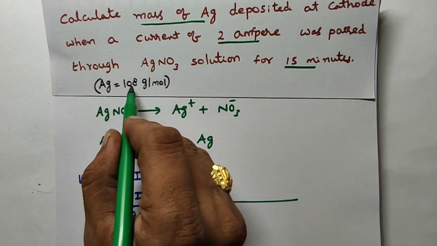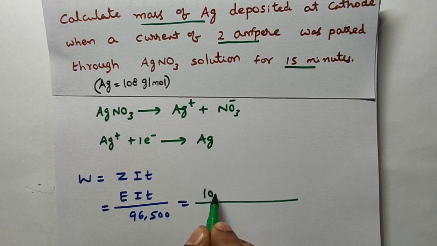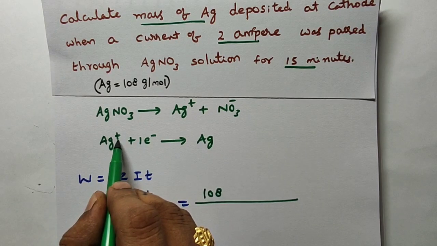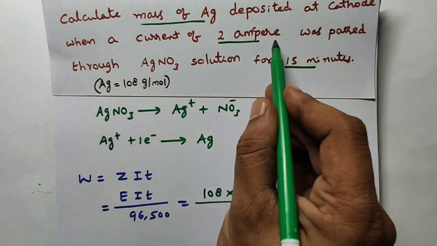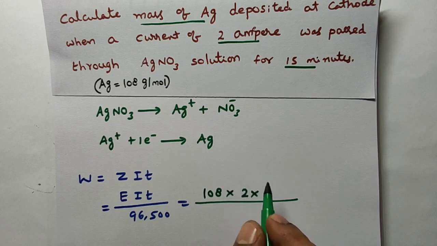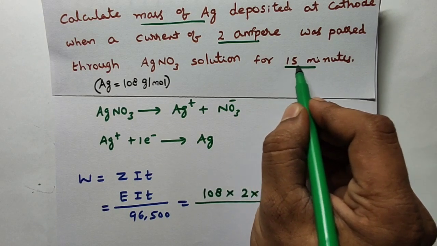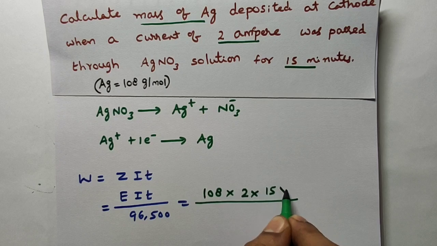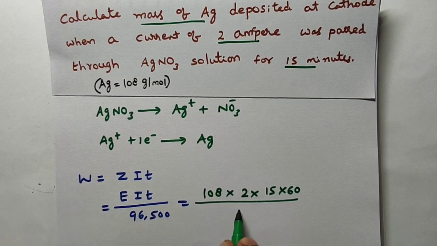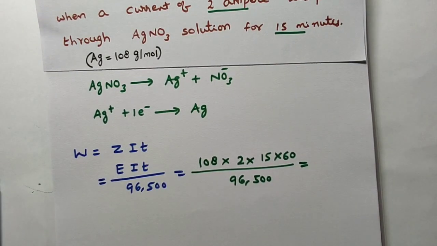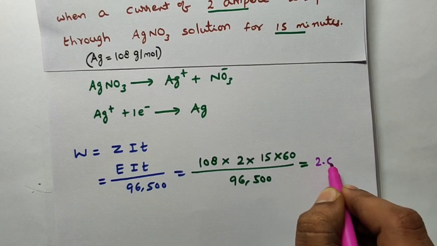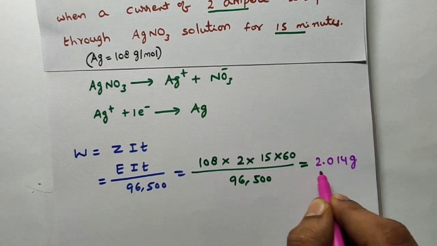What is the atomic mass of silver? 108. And what is the charge on Ag? Plus 1. So 108 divided by 1, again 108 only. Into I, 2 amperes. So 2 into, don't forget we should take time in terms of seconds, that's why 15 into 60 seconds divided by 96,500 coulombs. If you do this calculation, we will get the answer 2.014 grams of silver.